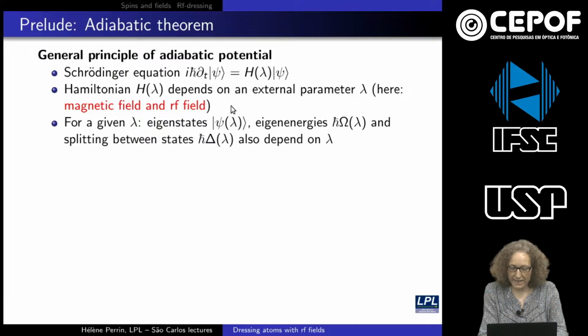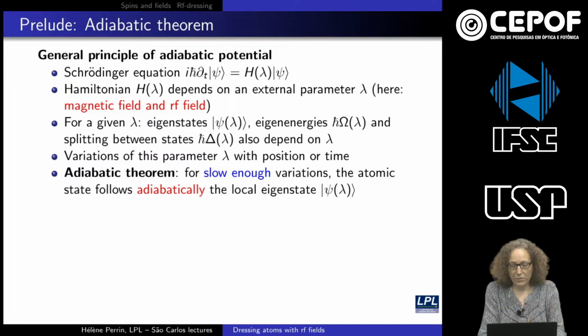In our case, this external parameter will be either the magnetic field or the radiofrequency field, or both. So for any given lambda, of course, you can diagonalize the Hamiltonian and find the eigenstates, the eigenenergies, and the splitting between different eigenenergies. So all that also depends on the parameter lambda.